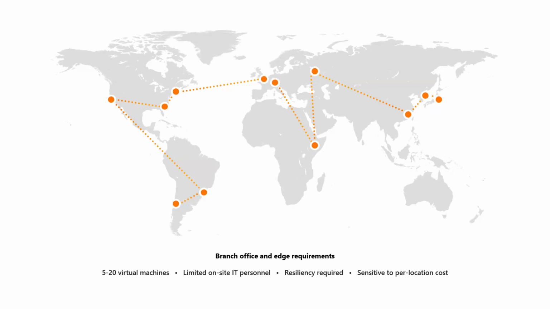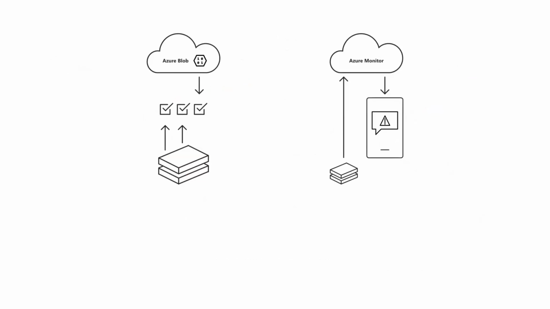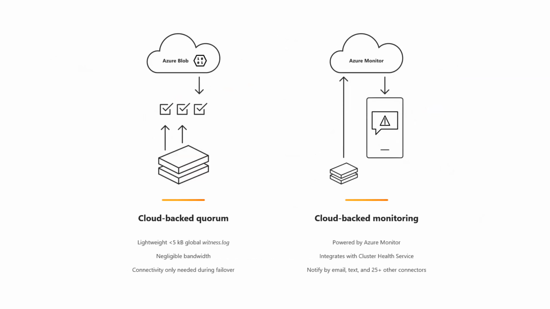Okay. You can take advantage of Azure Blob to form a cloud-based quorum and Azure Monitor for any monitoring. So the hybrid nature and hyperconverged infrastructure makes it a very good use case for remote locations where you may not have any IT staff because you can manage everything remotely.